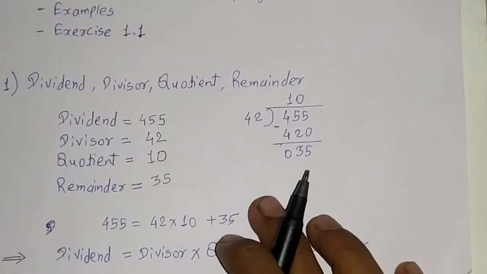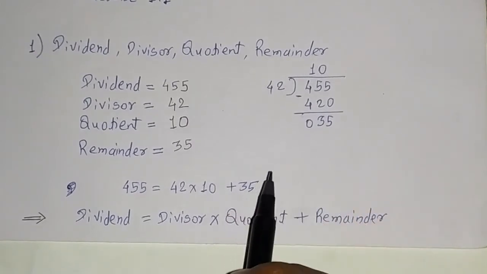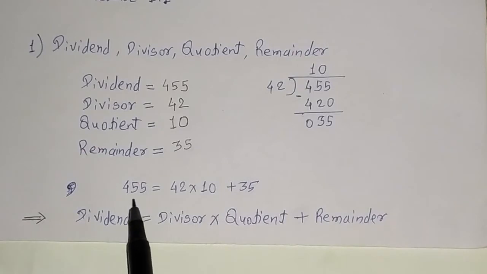So there is one generalized formula to represent this relation. Dividend equal to divisor into quotient plus remainder. Understand this. Dividend means the given number, divisor is the number by which we divide the given number, quotient will be our answer, remainder will be 35.